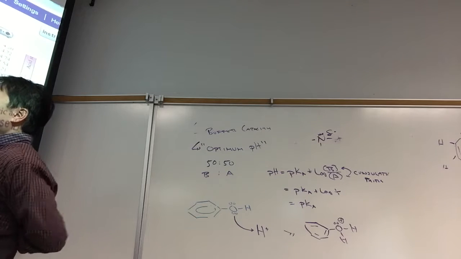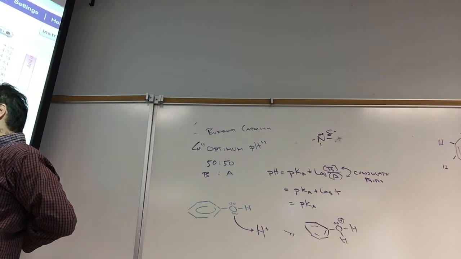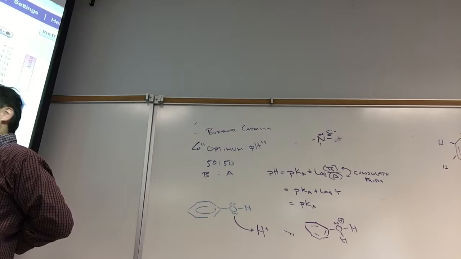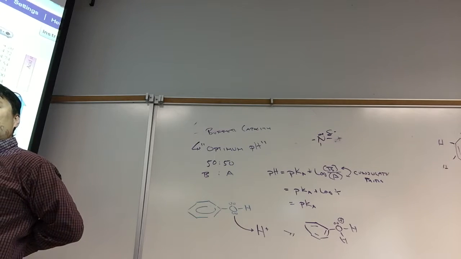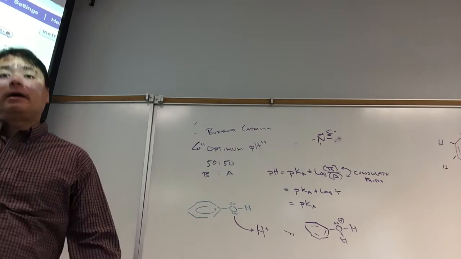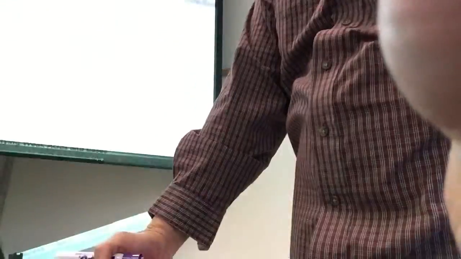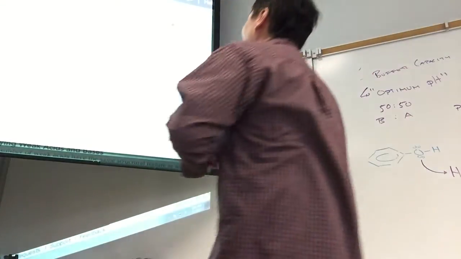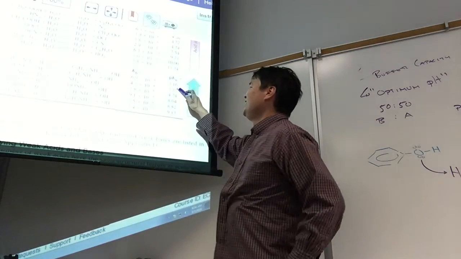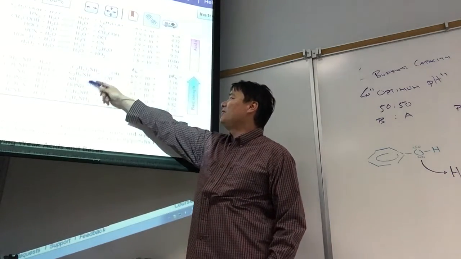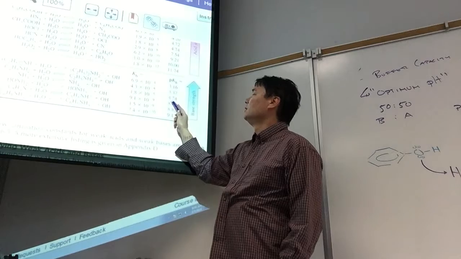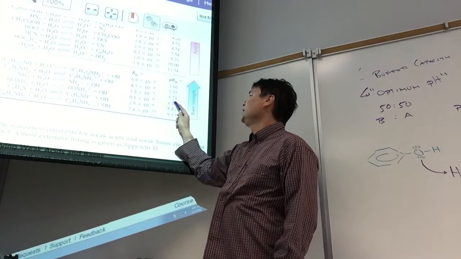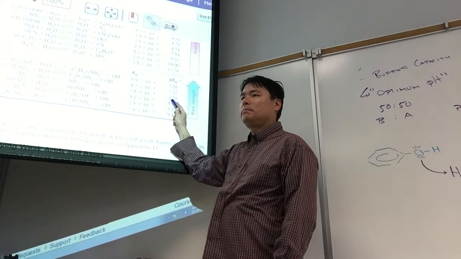If we're dealing with bases, typically what we do is we use the Henderson-Hasselbalch in terms of pH, right? But what I would have done here, and this might take more time, is, okay, if the pKb is this, that means the pKa of the acid is 14 minus this, right?